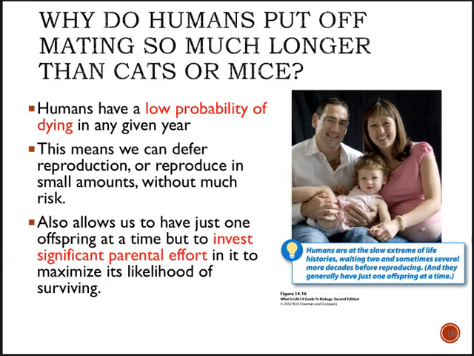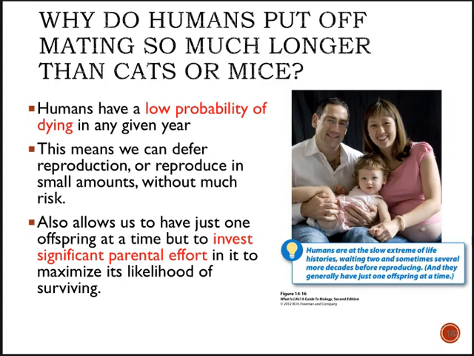So what we do is maximize the likelihood that one or a few of our offspring will actually survive to reproduce themselves. Back in the day when there wasn't a lot of modern medicine, people had a lot more babies because the probability of the offspring surviving wasn't that great. These days, it is much, much better for us.